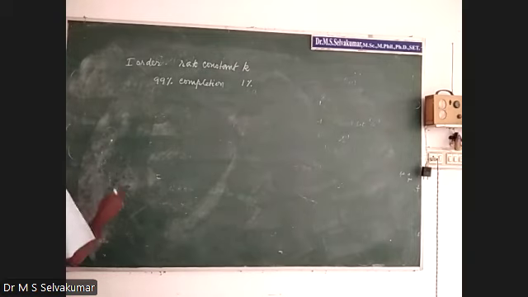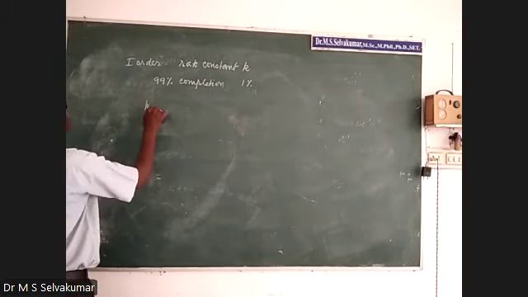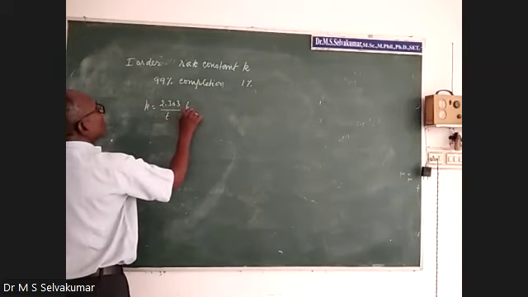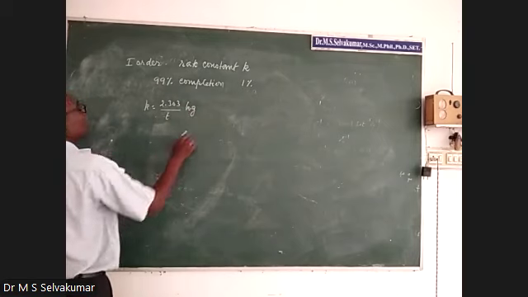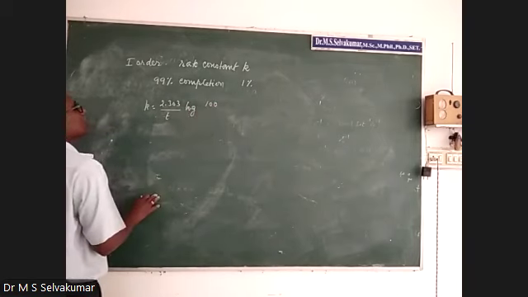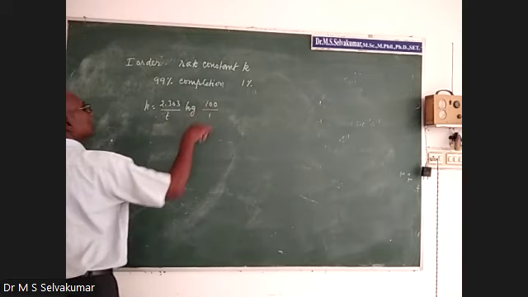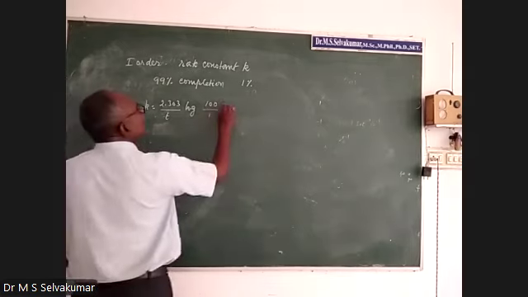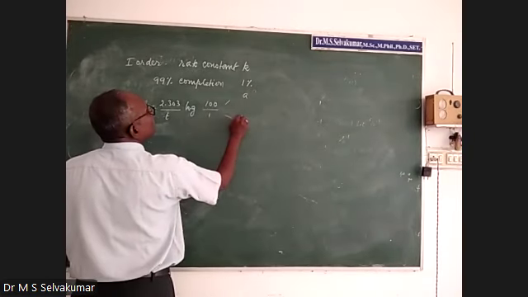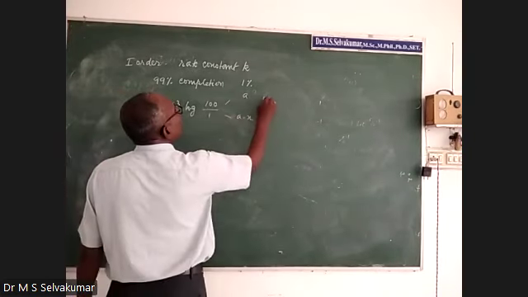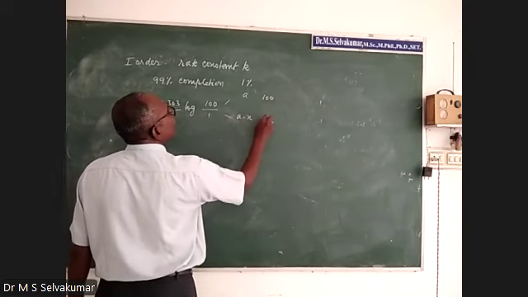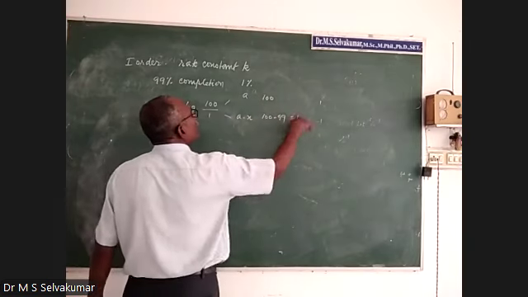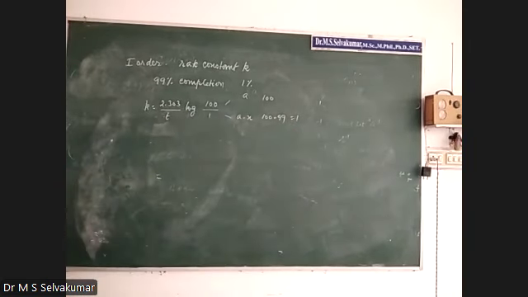Again, you write the rate expression. K is equal to 2.303 divided by T log of the initial concentration, which is 100, and the concentration remaining, which is 1. How does this 1 come? This is A, this is A minus X. A is 100, A minus X is, at 99% complete, 1.